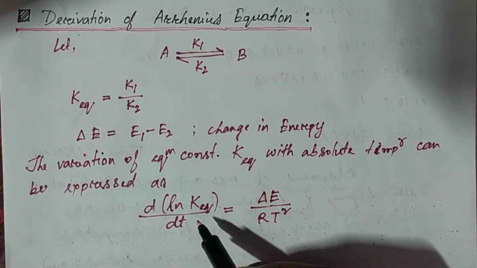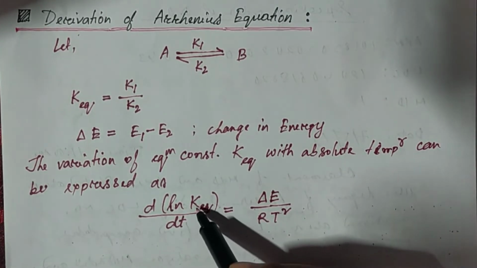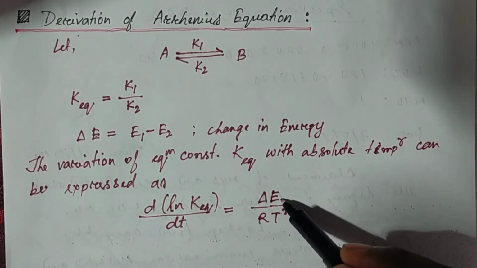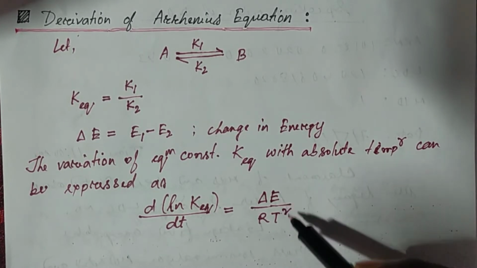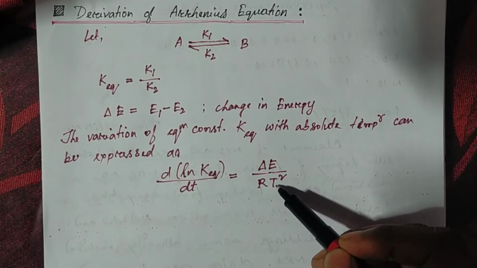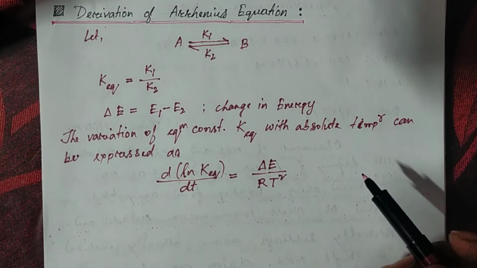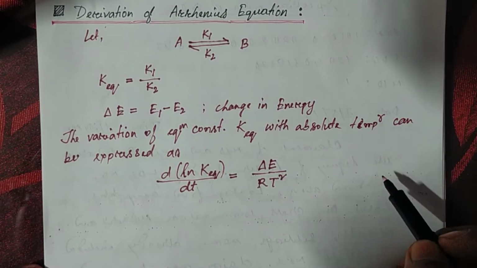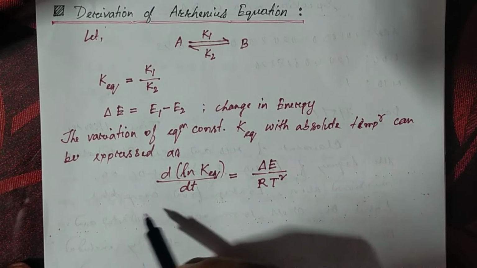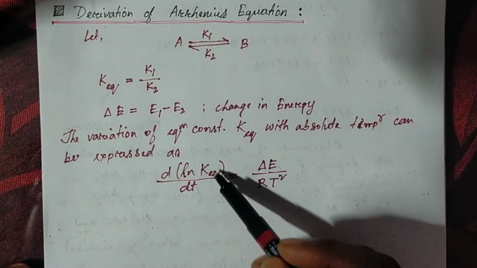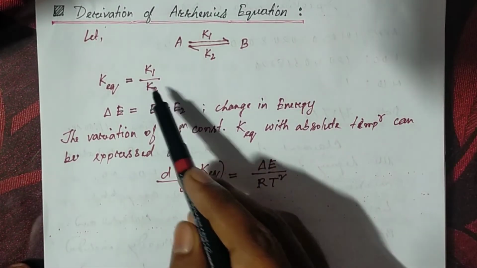It is the derivative of ln K equilibrium, del E is the change in energy, R is the gas constant and T is the absolute temperature.